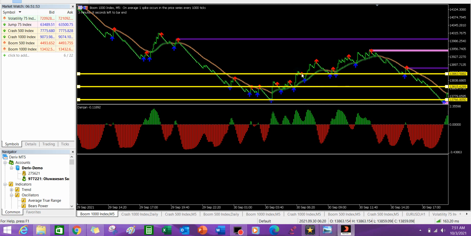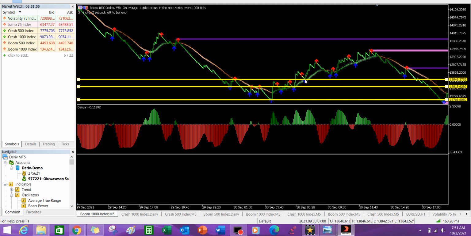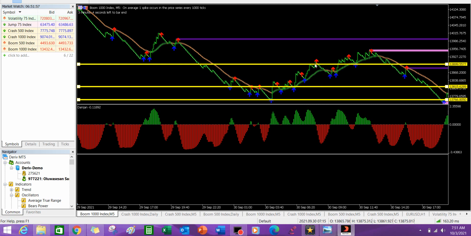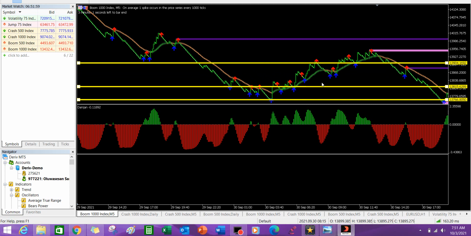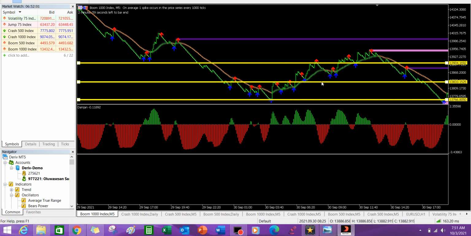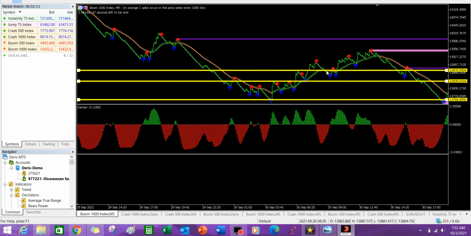So you can see it came down to this level, didn't get to the stop loss, then went up again. Once it goes up, you can adjust to the middle again. You can see you are already widening the gap between your stop loss and your entry point. That is giving you more confidence to be in the market.